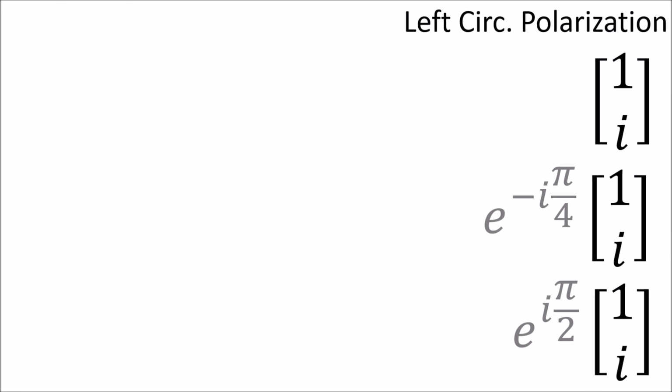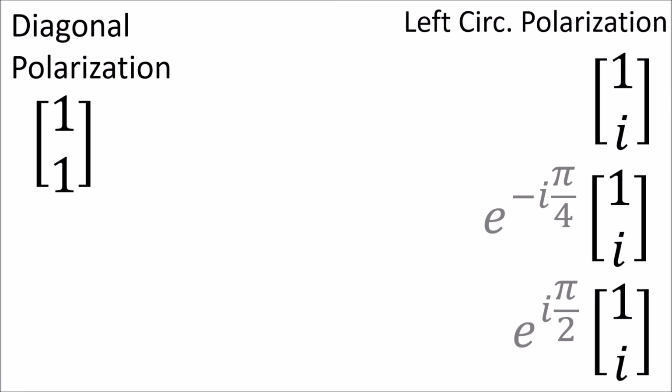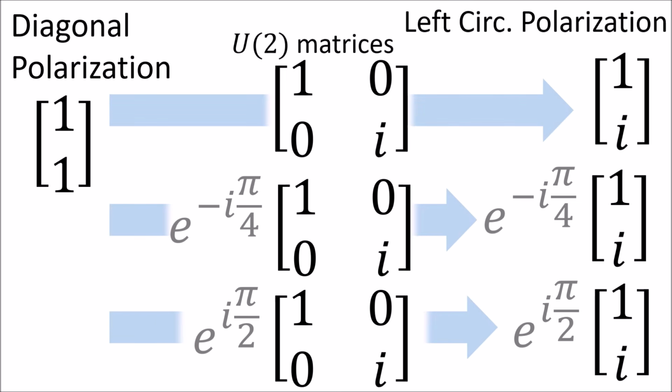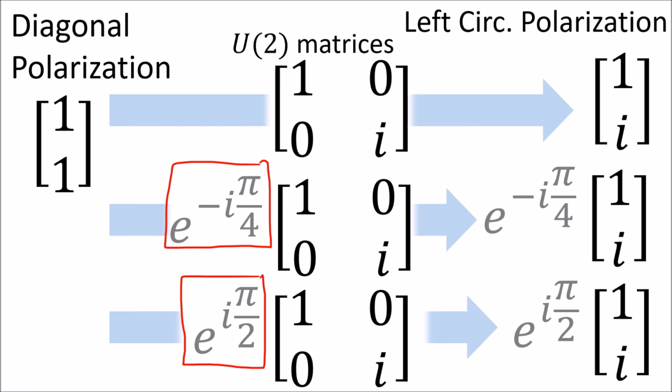This means that if we want to turn a diagonally polarized wave into a left circularly polarized wave, there are multiple U2 matrices that can do this, all identical but with a different phase factor in front, because we can ignore the phase factor in the final result anyway.